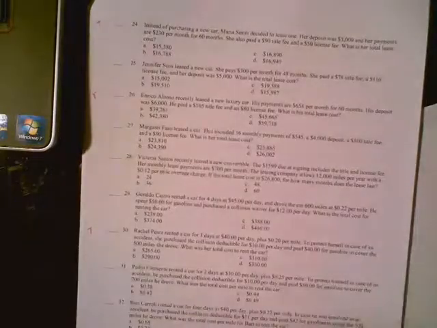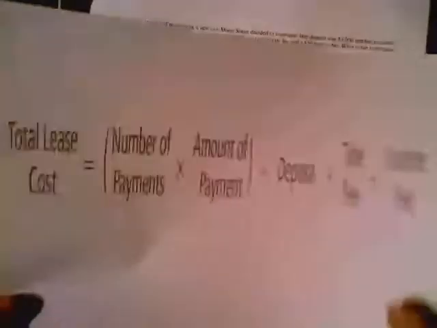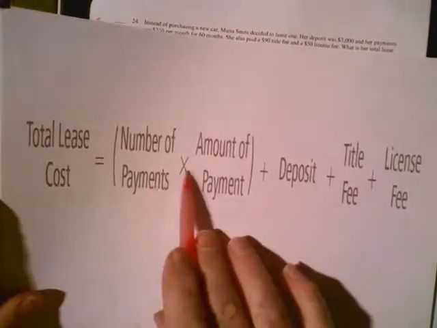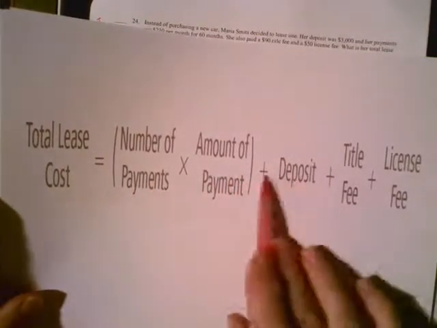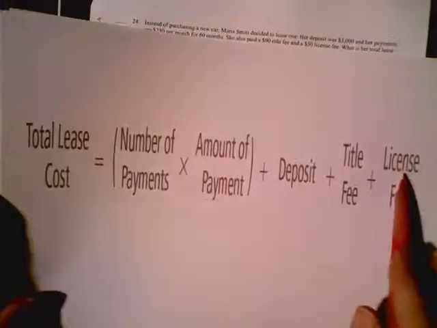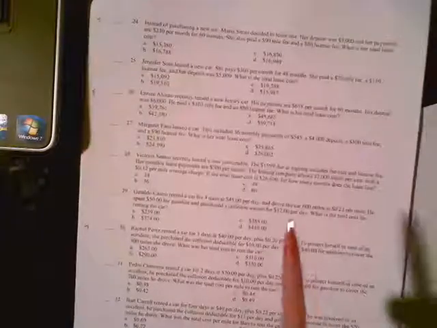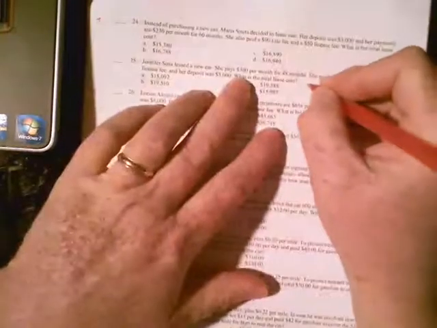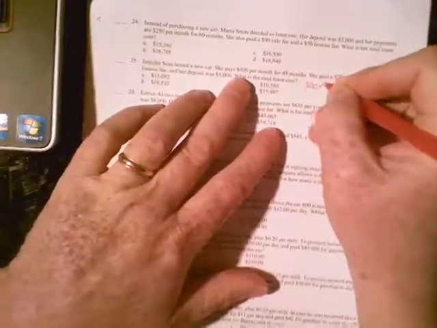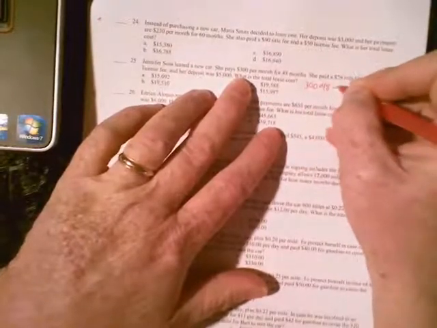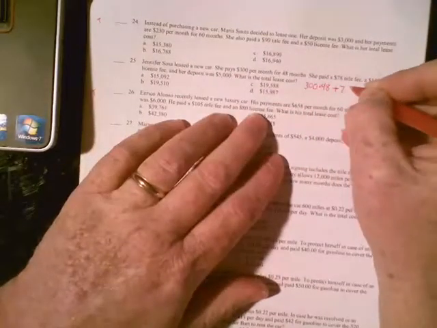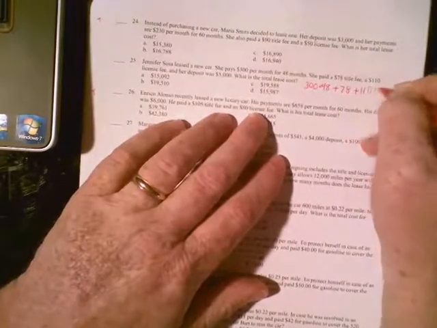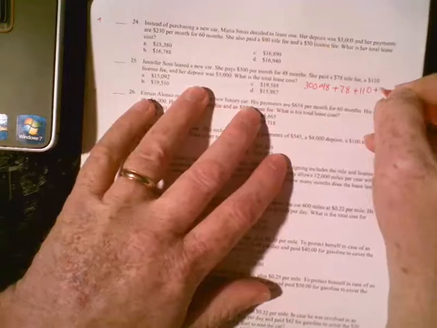On that, we're going to use this formula. Total lease cost equals number of payments times the amount of each payment plus the deposit plus the title fee plus the license fee. So we're just going to do all that on here. We're going to take 300 times 48 plus the title fee was $78, the license fee was $110, plus the deposit, which was $5,000.